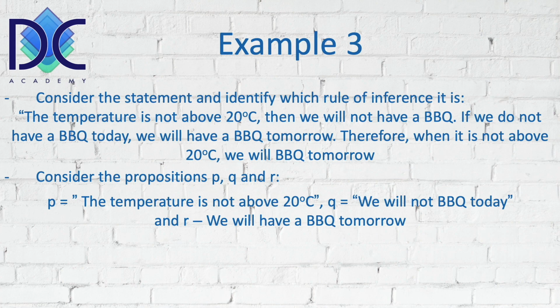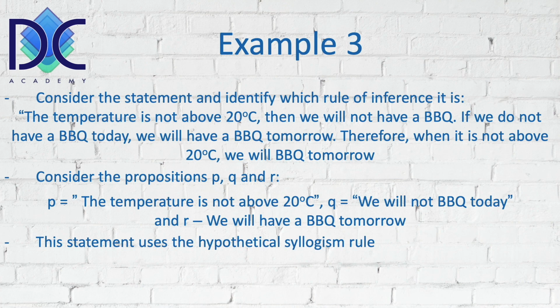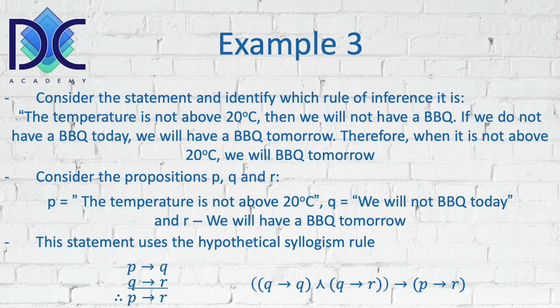Q: we will not barbecue today. And R: we will have a barbecue tomorrow. We can use here the hypothetical syllogism rule, where P implies Q, Q implies R, therefore P implies R. And we see again the notation as the tautology of the propositions.